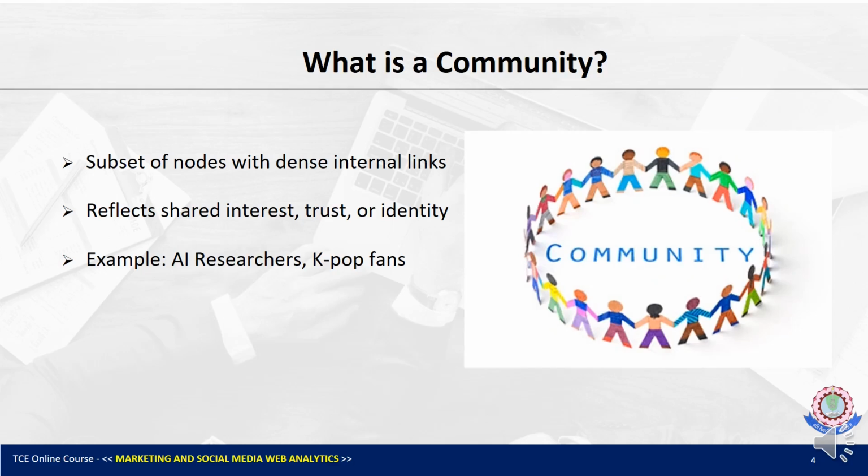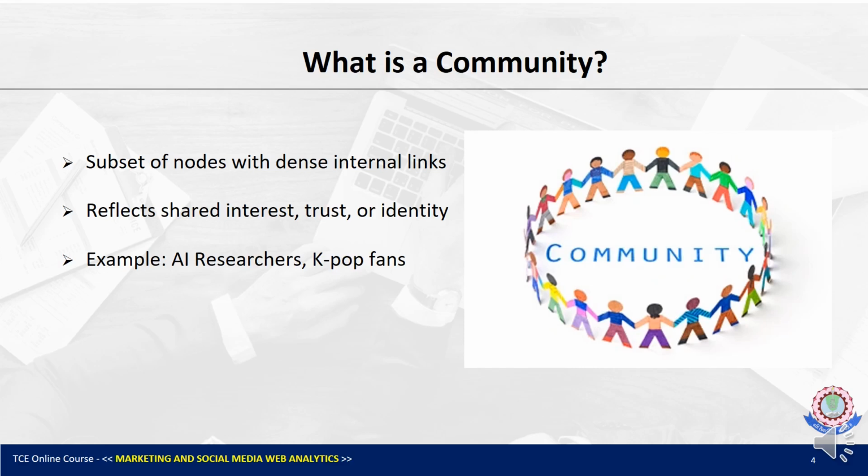In social network terms, a community is a subset of nodes that are more densely connected to each other than to the rest of the network. In simpler language, it is a group of people who interact with each other more often than with outsiders. They connect because they share a common interest, identity, or purpose.